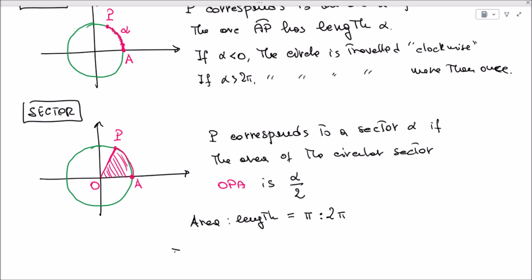And from this, clearly it follows that the area is just equal to 1/2 of the length. Of course, that means just 1/2 alpha.